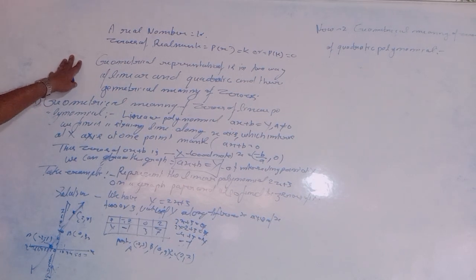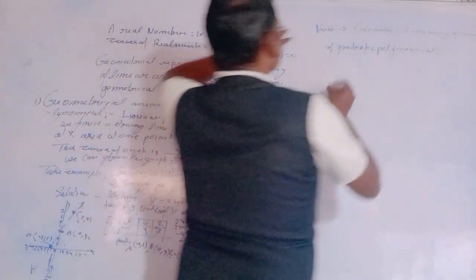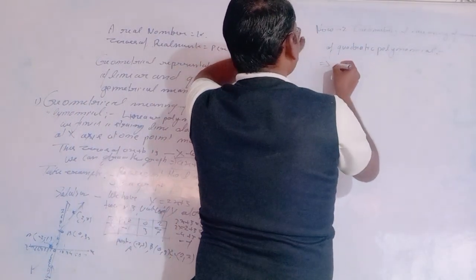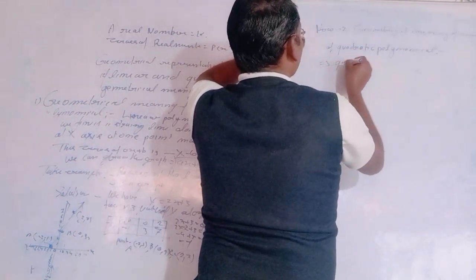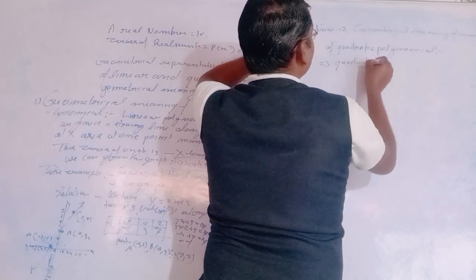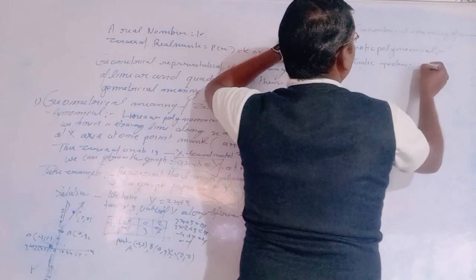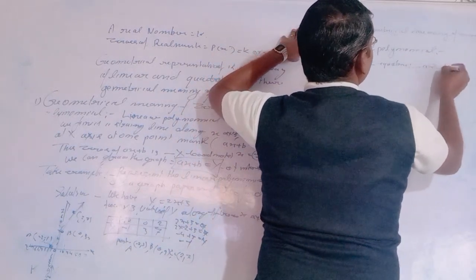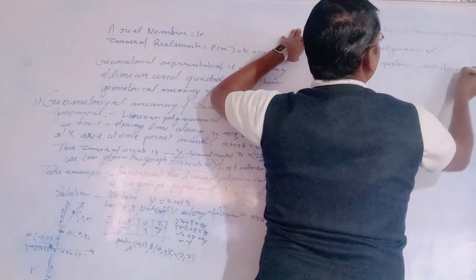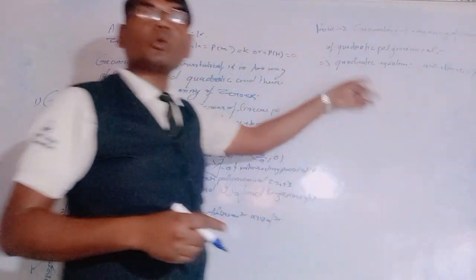For the graphs of quadratic polynomials, we know that the polynomial here is a quadratic equation, ax square plus bx plus c is equal to y. This is the quadratic polynomial.